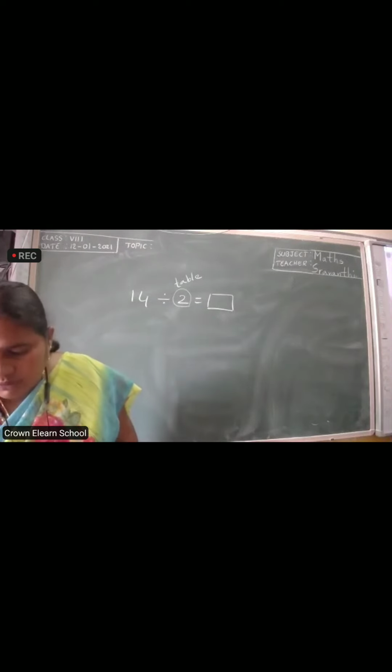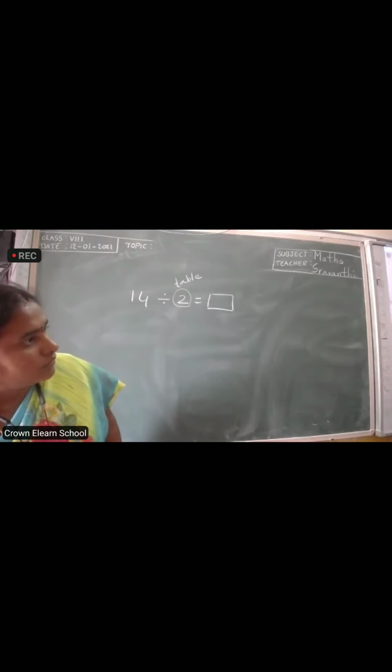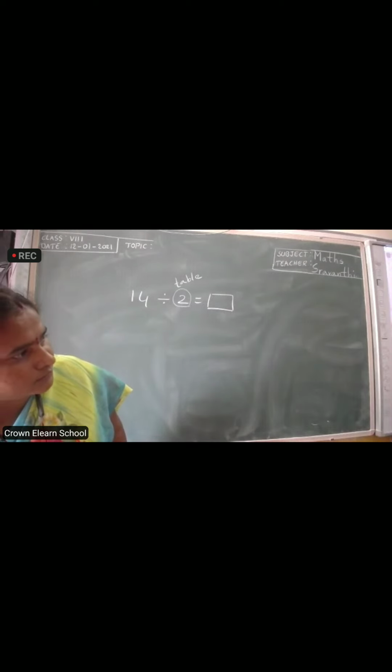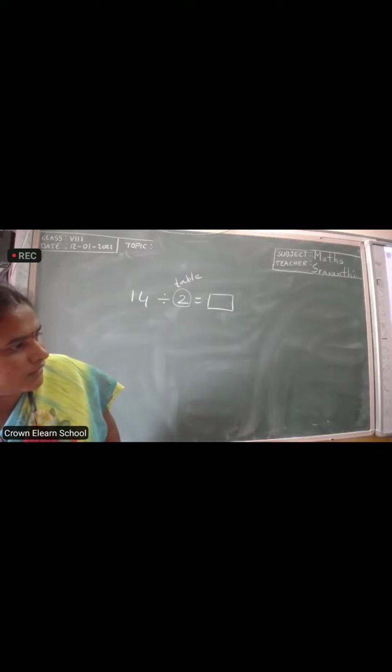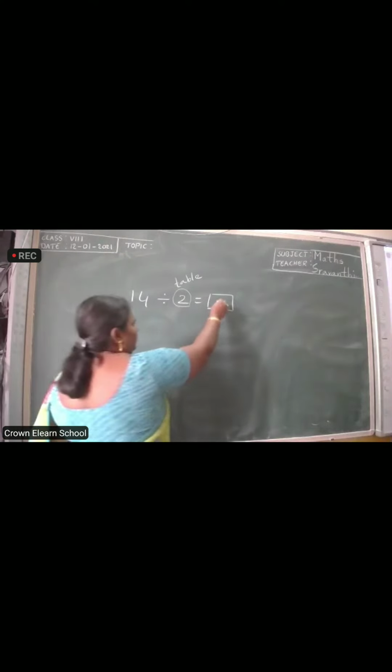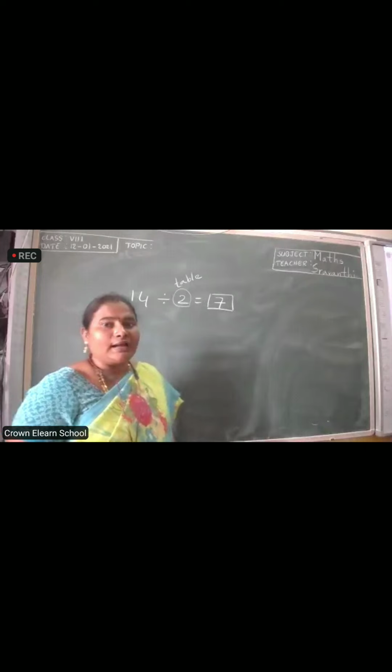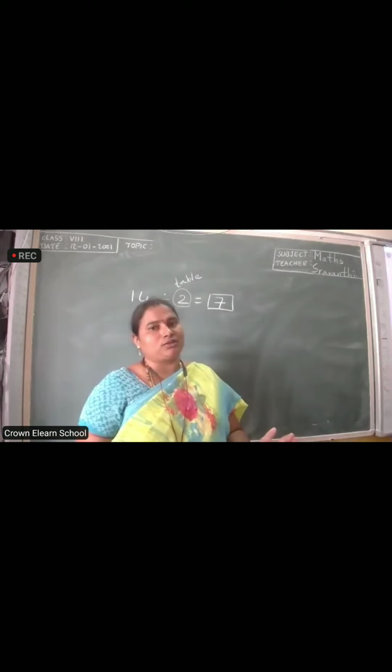In the 2 table, where do you get 14? Very good, 7. Pushkal Sai, good. Very good. So let me write 7, and let us check whether it is right or not.